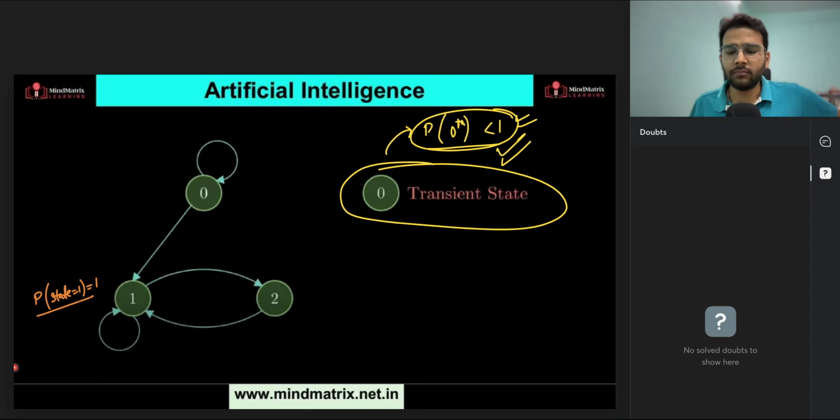Correct? Can I say the same thing for state 2? Let's say if I'm starting from state 2, you will go to state 1, maybe you can take this random walk. So can I say the probability of coming back to state 2 is also 1? Yes or no?